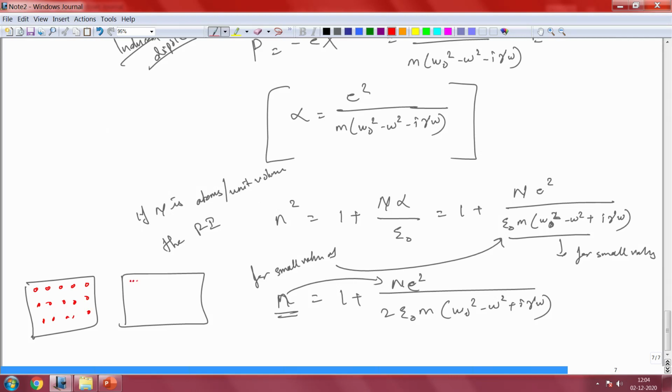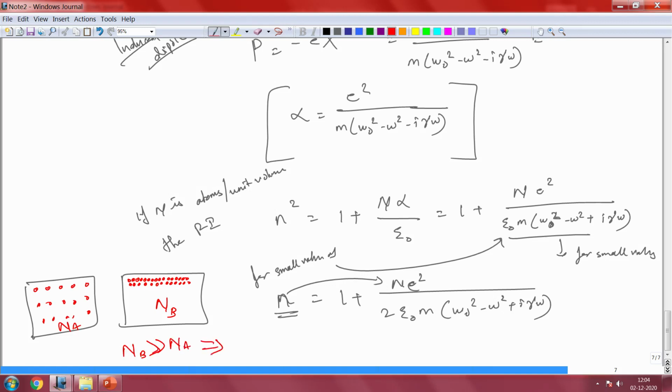But then I could take another material system where there is a very tight packing of these atoms, right? That means for a given unit volume the number of atoms is more. So if I say this is material B and this is A, N_B is much greater than N_A, so the number density is higher.